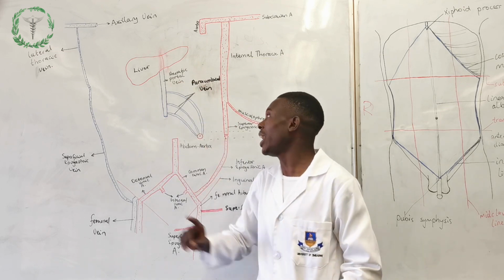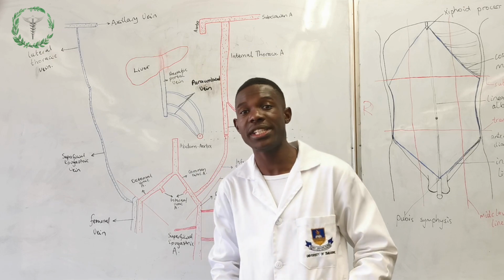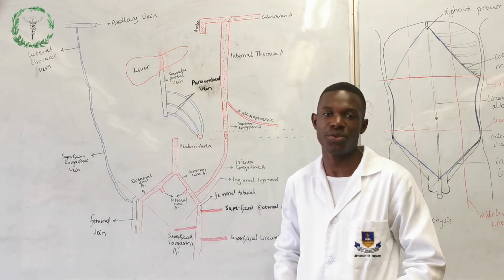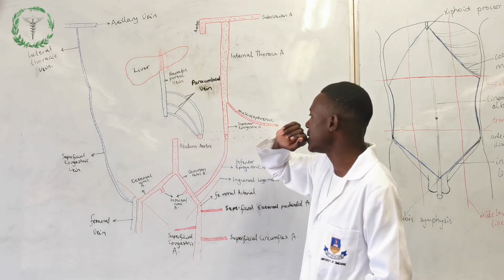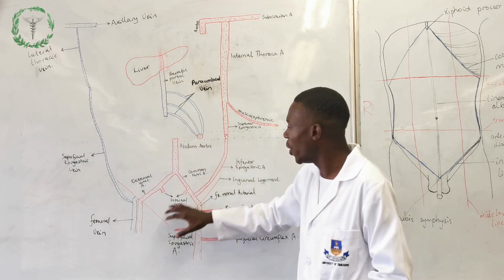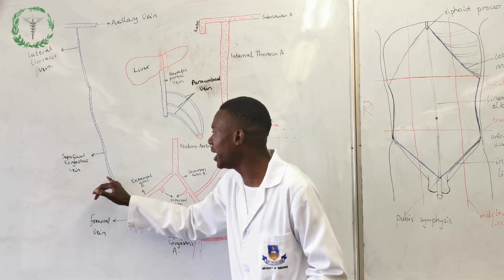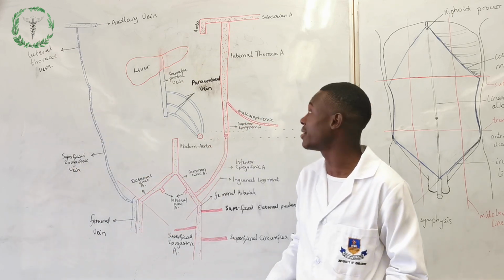If we occlude this, we are going to have a serious situation where the blood has to find an alternative way. Since these para-umbilical veins have communication with the portal veins, and we also have communication with the femoral vein, the superficial epigastric vein, and the lateral thoracic vein.